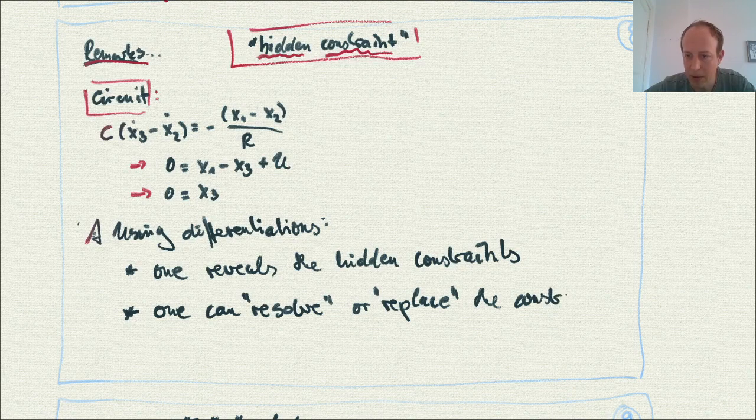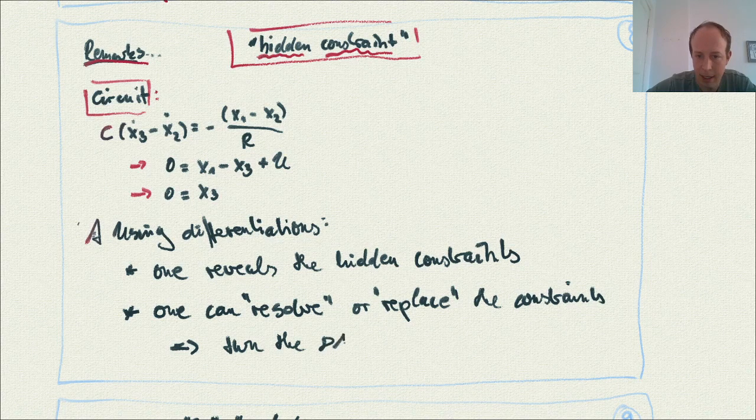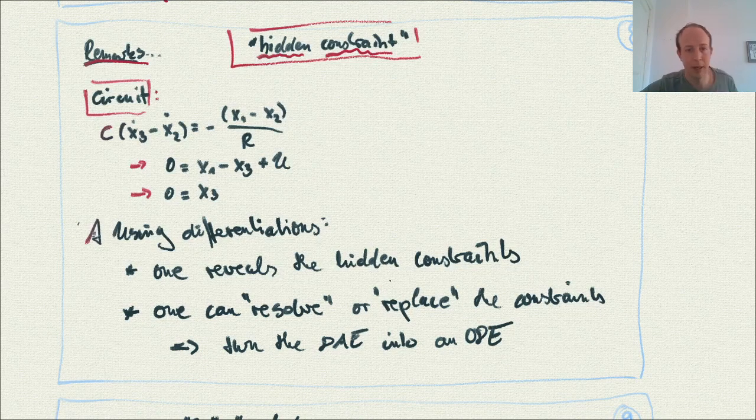So if you know all constraints, you can either resolve them or replace them by an ODE, and then turn the DAE into an ODE. That's what I wanted to show you here. So this is the circuit example.